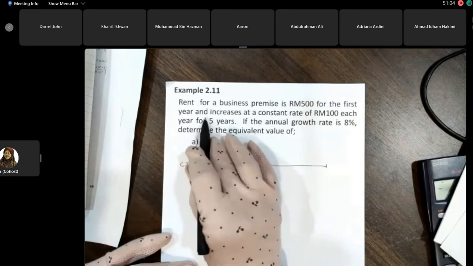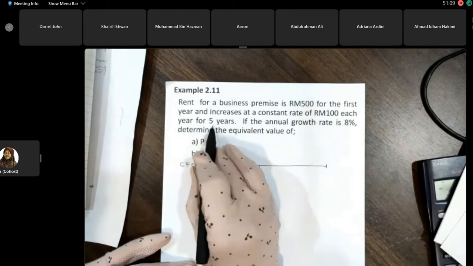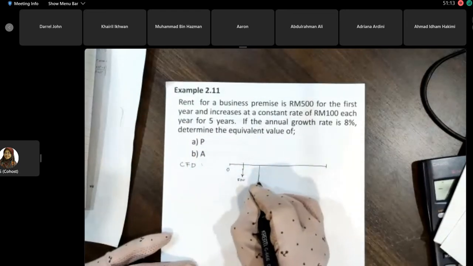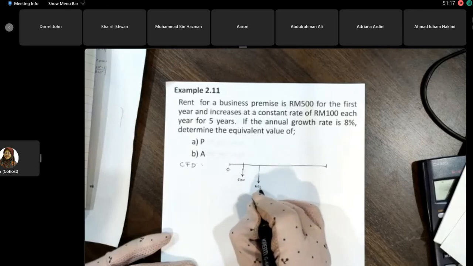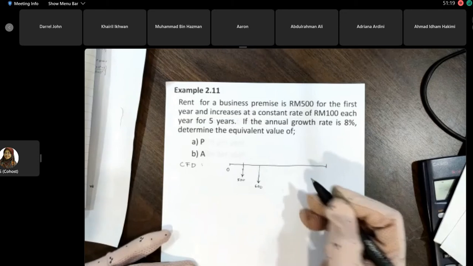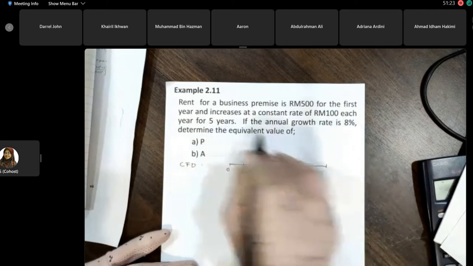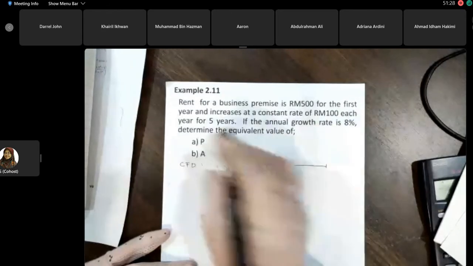Tapi dia kata, and increases at a constant rate 100 ringgit each year for 5 years. Okay, for the first year, what, 500 ringgit. But then become 600 ringgit, right? And then for the third year, dia kata tambah lagi. Sebab constant rate dia 100 ringgit each year.